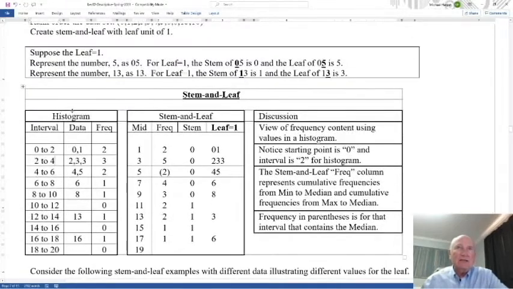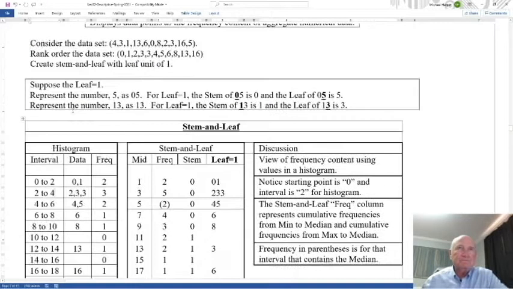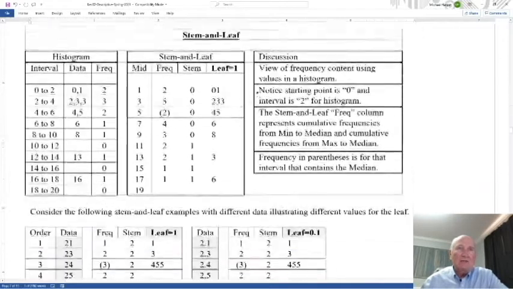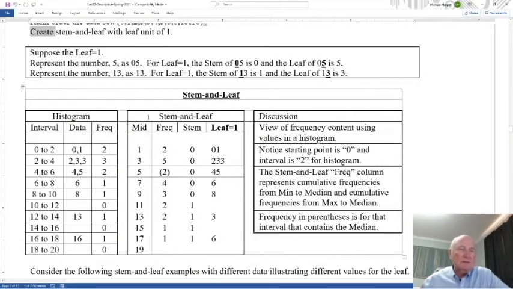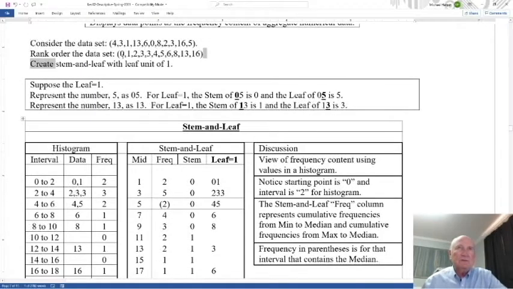Okay, so let's take this data set up here, rank order data, and let's just put it in the intervals, in the histogram.